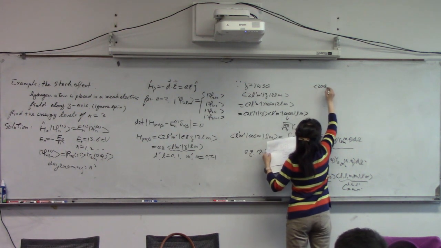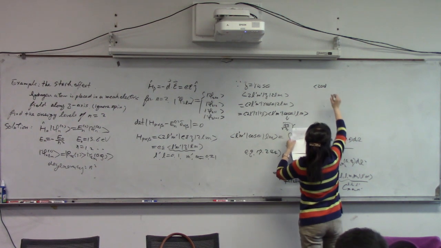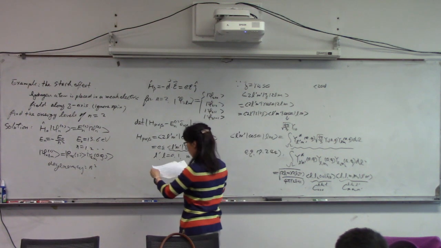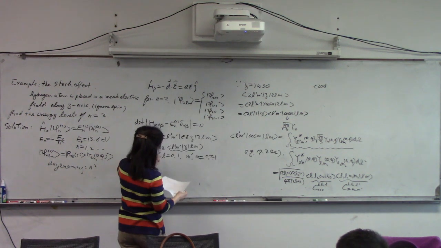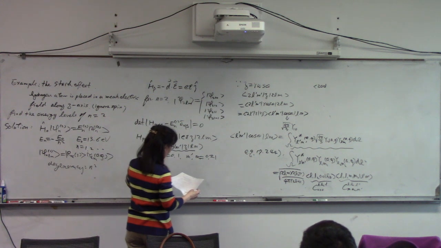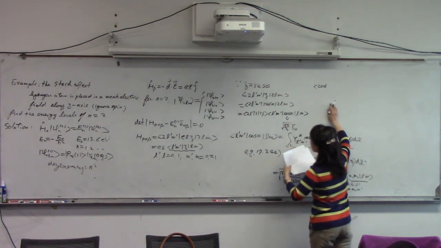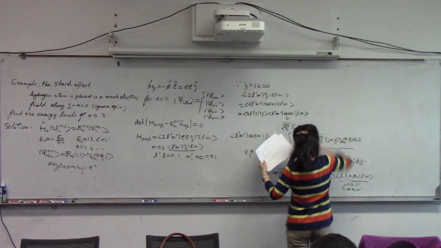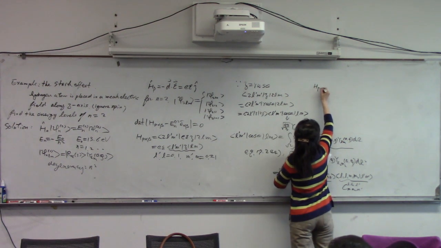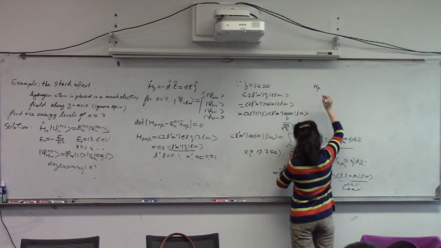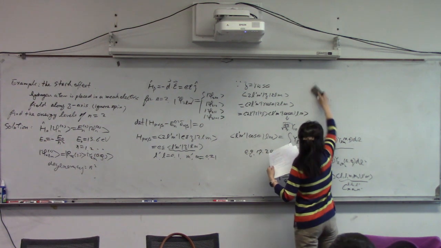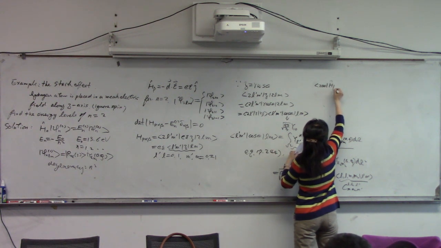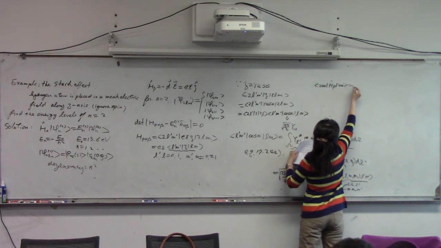2, 0, 0. Okay. Include here, include this E axis, right? That is the Hamiltonian. That's an index too much. Okay, let's do this one. 2, 0, 0. H prime 200 is 0.